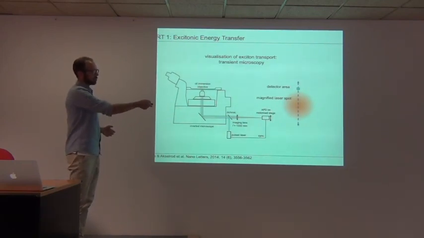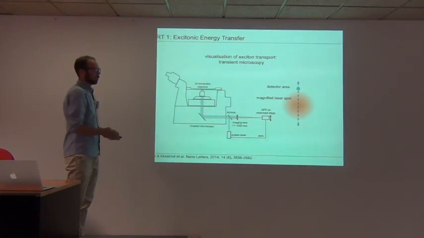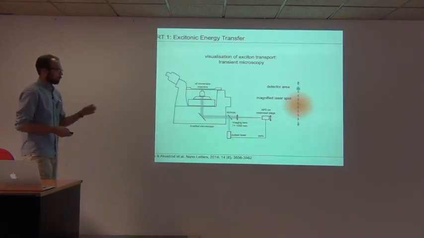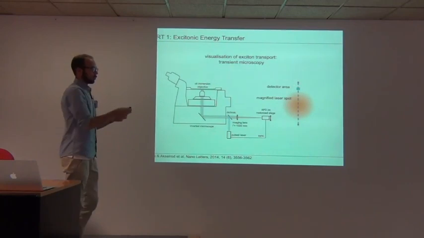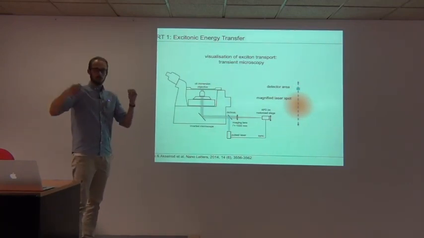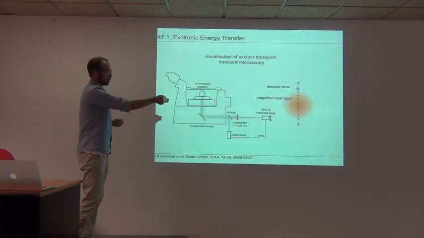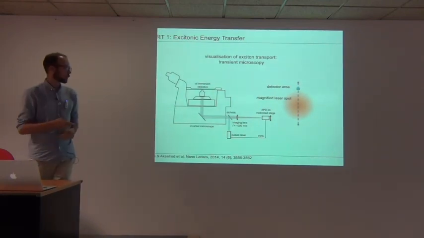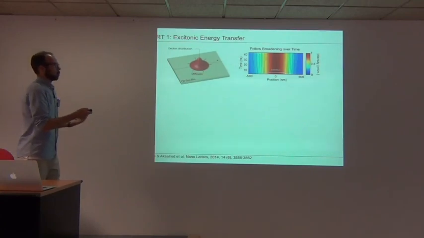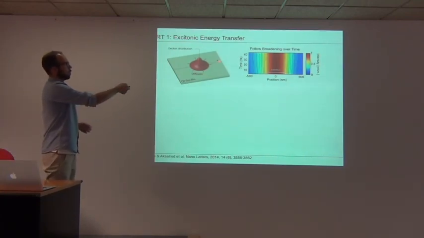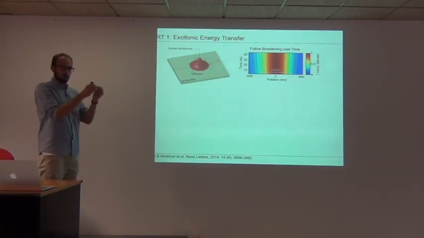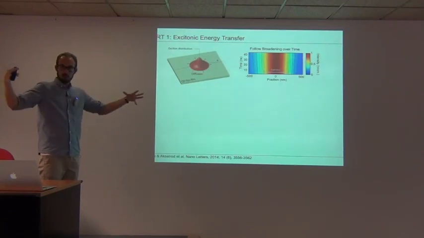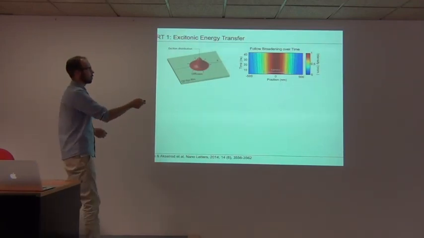And this detector area is much smaller than the actual laser spot. Now the detector is giving you access to the time axis, whereas the motorized movement is giving you access to the spatial dimension. So this gives you access to a kind of mapping technique where you can follow the diffusion from this diffraction-limited excitation spot outward into the film.